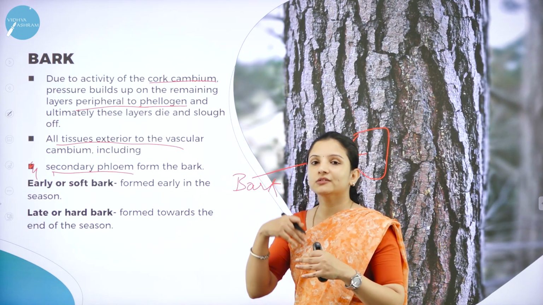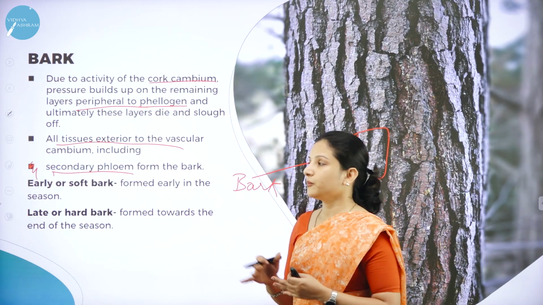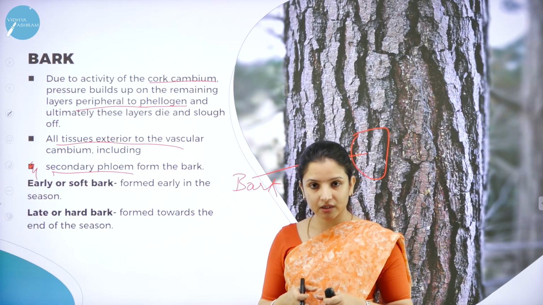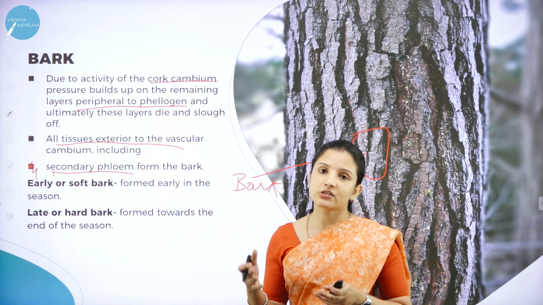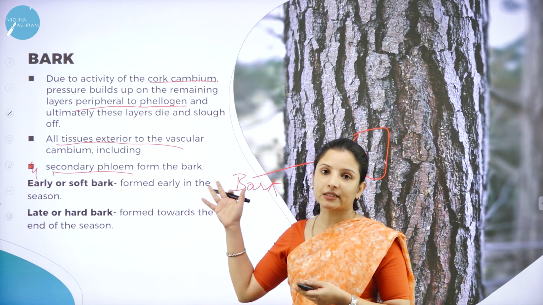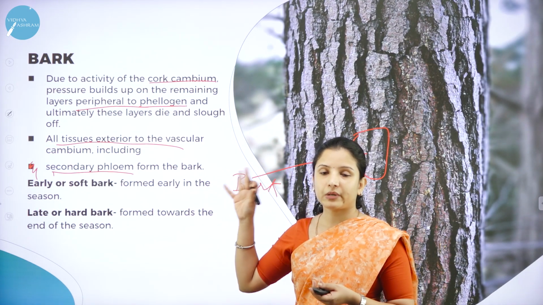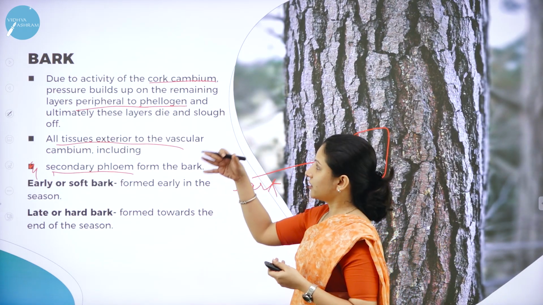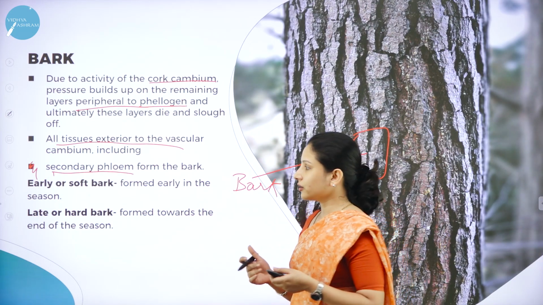But the ones exterior to the vascular cambium will result in the formation of the bark. After the primary growth, the last stage is the secondary growth, wherein the formation of the bark will occur because of the pressure created by the dividing cambial cells, or the activity of the cork cambium.